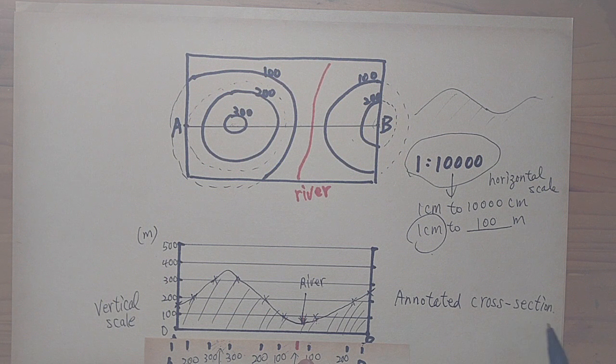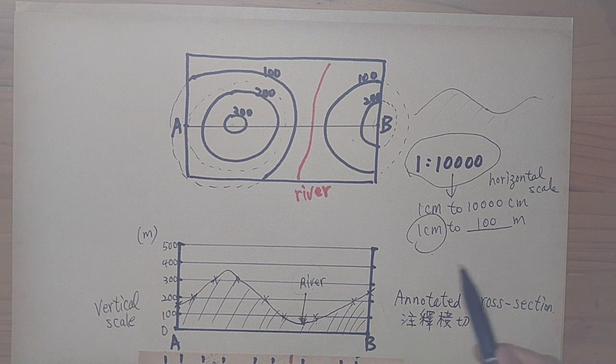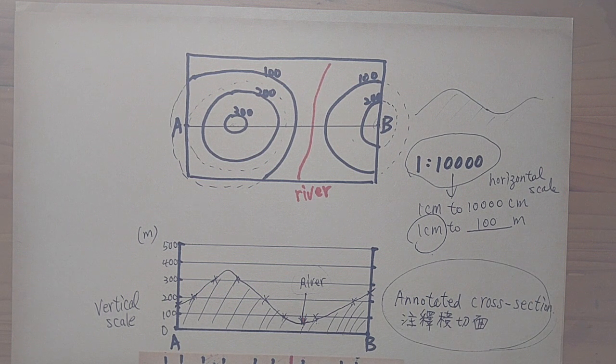So annotate the cross section, okay? 注釋橫切面. Whenever we have some labeling, okay, for example, the river here or some road showing on the map, then this is called annotating the cross section. All right.